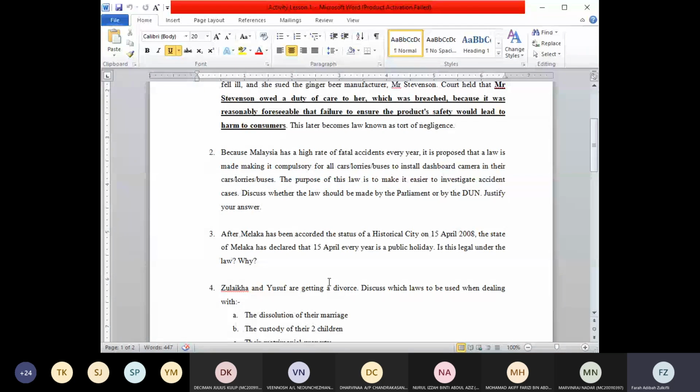The federal government then declared it a public holiday, and since the announcement is made by the federal government, it applies to the whole of Malaysia. But in the question, because it is declared by Melaka, it is only applicable for the state of Melaka. So that's the difference. If it is announced by the government of Malaysia, it will be applicable throughout Malaysia. But if it is decided by the state, it is only applicable for that state only.